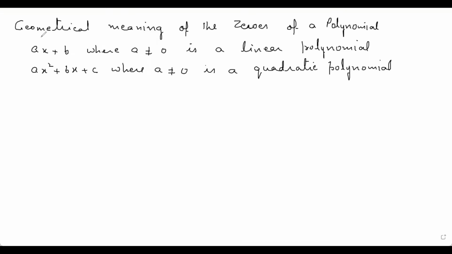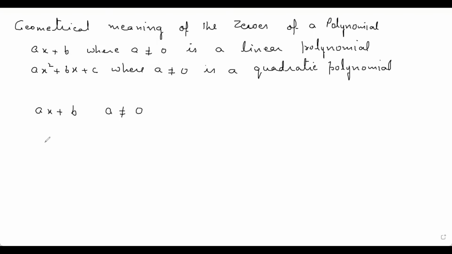In this video, I'll discuss the geometrical meaning of the zero of these two polynomials, linear as well as quadratic. First, I'll discuss the linear polynomial. I'll draw the graph of this linear polynomial, then I'll discuss the geometrical meaning of the zero of this polynomial.